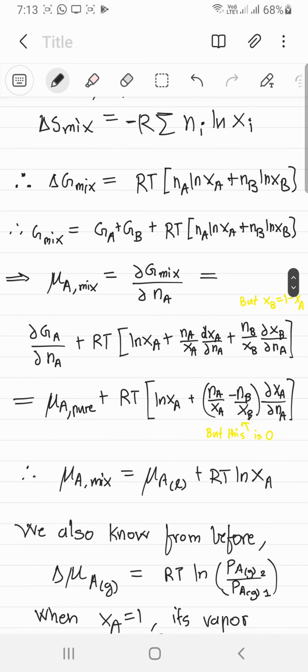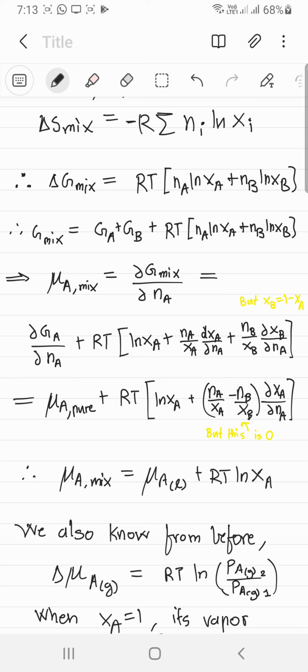And then we find out what's the chemical potential of A in this mixture. It's defined as the change in the Gibbs free energy of the system when you only change the number of molecules of a substance. So this will be partial G mixing upon partial Na.